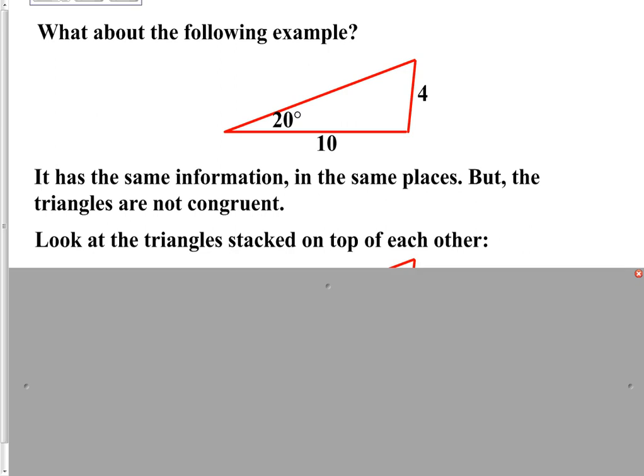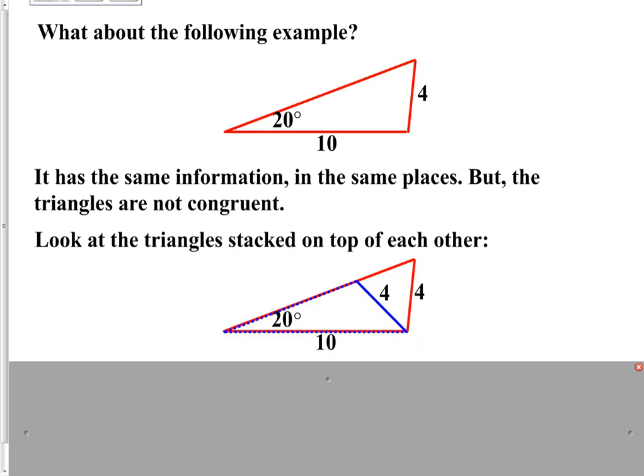And just for a good visual reference, here I've copied both of the triangles and dropped them on top of each other, and you can see the red triangle from above and the blue triangle hiding behind there, that they are not congruent. Well, it's fine. I mean, triangles do not have to be congruent to each other.